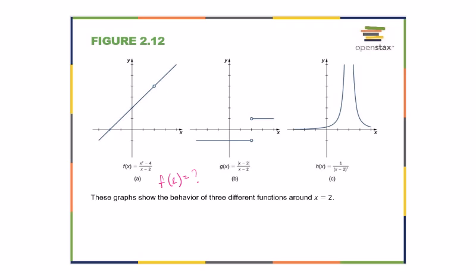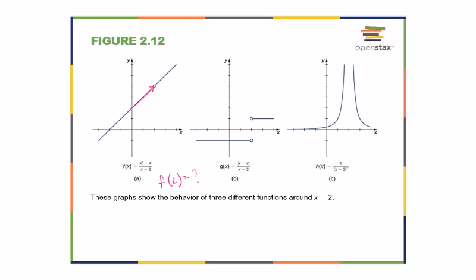But what we can do is say, as we approach that point from the left, as we get closer and closer to 2 from the left, so if I plug in values like 1.9 or 1.99 or 1.999 or 1.99999, and we can play that game forever, as I get closer and closer from the left with my input, what is the output?